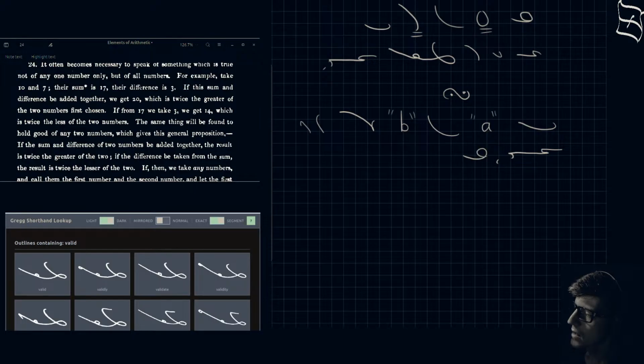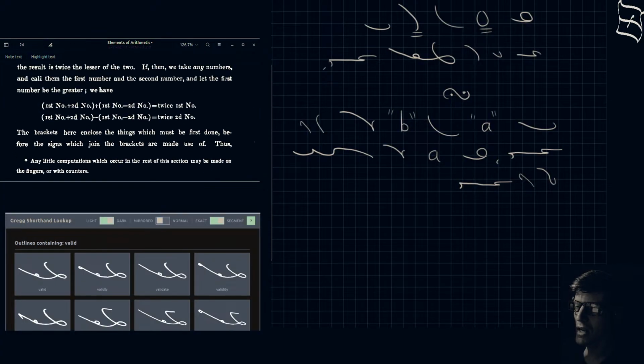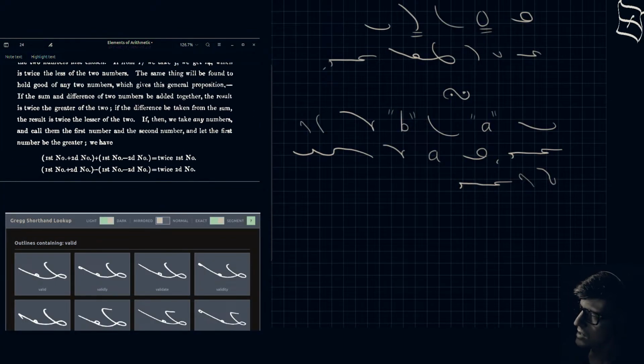where A is the greater of the two numbers. Now what's interesting is, he's talking about this idea of greater and lesser, but he hasn't even introduced the concept of the greater than and lesser than signs.